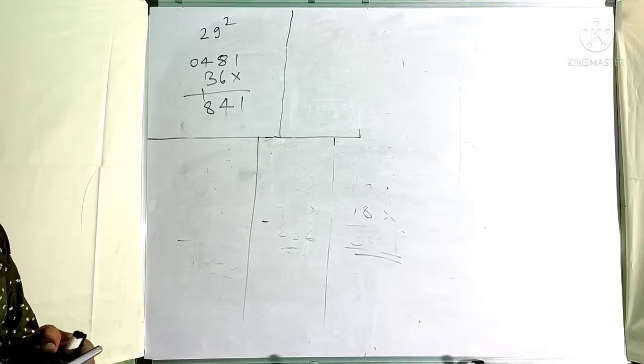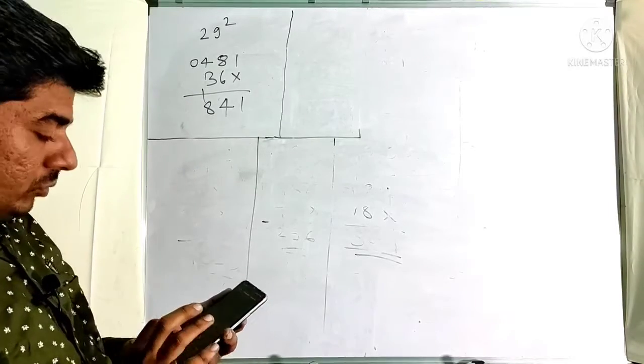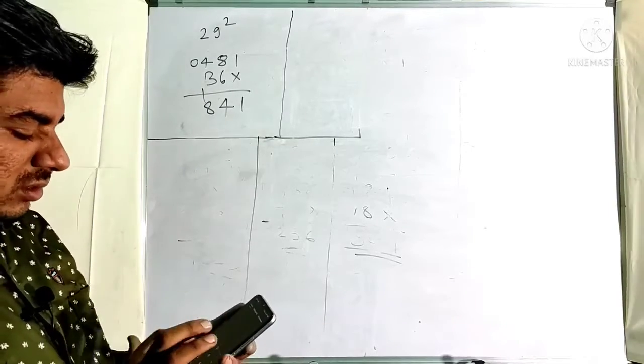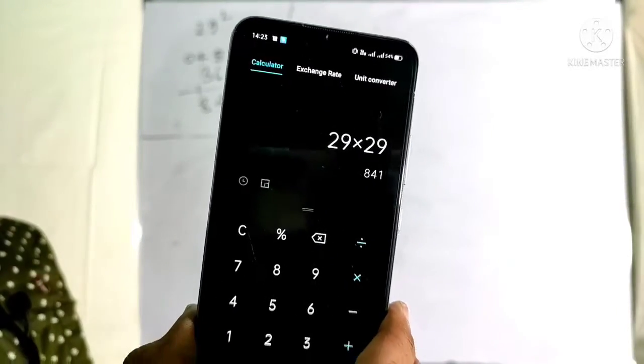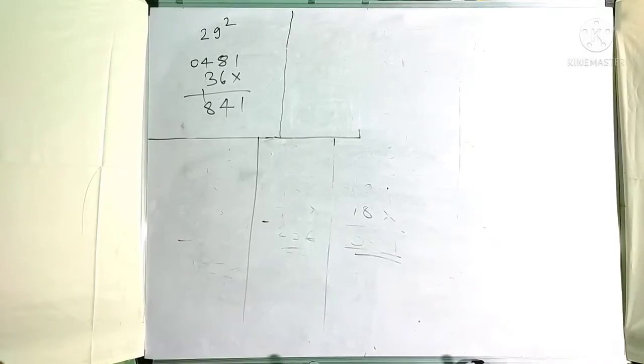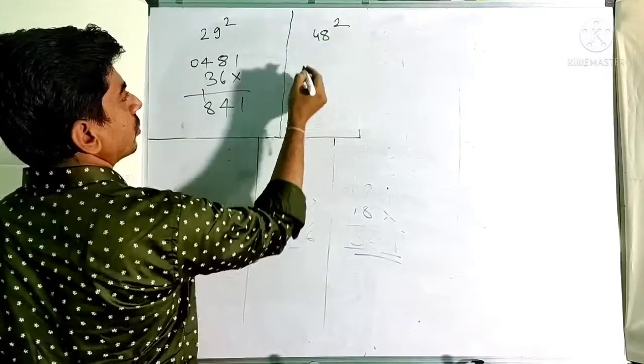You can check it. 29 into 29. See friends, 841. The answer is correct. Okay, let us take some more examples. 48 square.